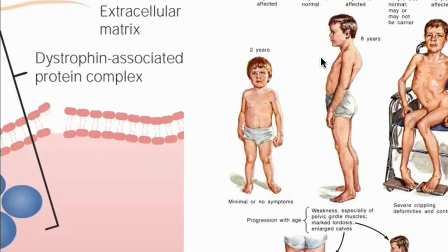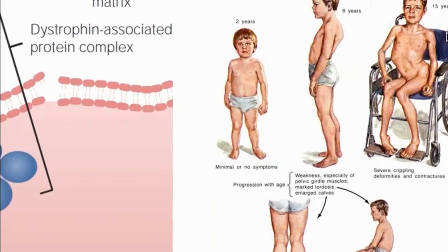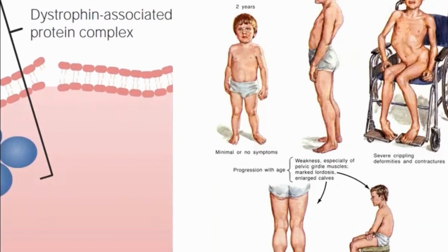But when they reach about 5 and keep growing, the skeletal muscles keep extending and growth factors keep influencing the growth, then you realize that the muscles become weakened. By a certain age, they're wheelchair bound because the muscles are so weak. They tend to die pretty young.